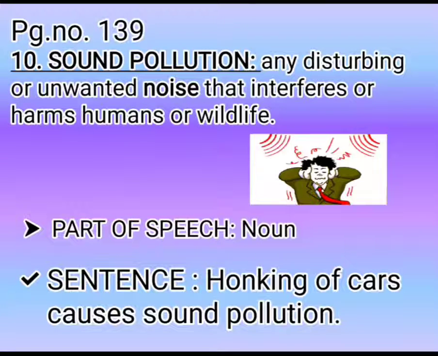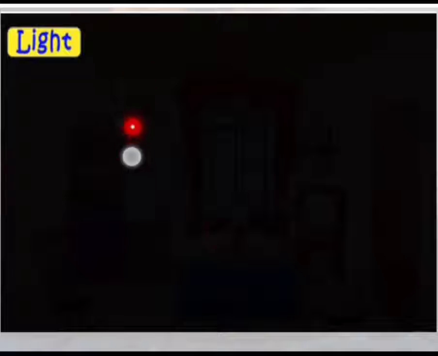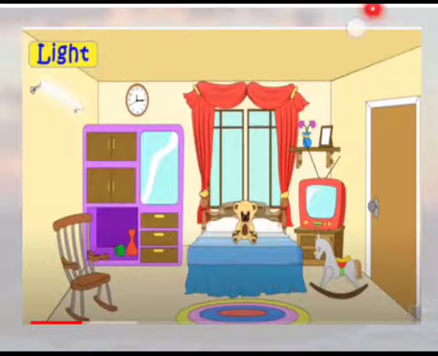Now let's start with the explanation of the chapter. See this picture. Can you see anything in this picture? No. But if I show you this picture, you will be able to see that we have curtains in the room, clock in the room, light in the room, almirah is there in the room, television is there, then we have flower pot, toy, teddy bear, carpet, chair.